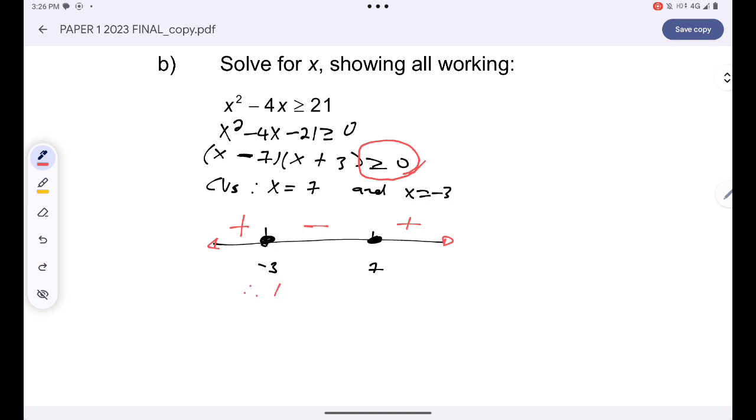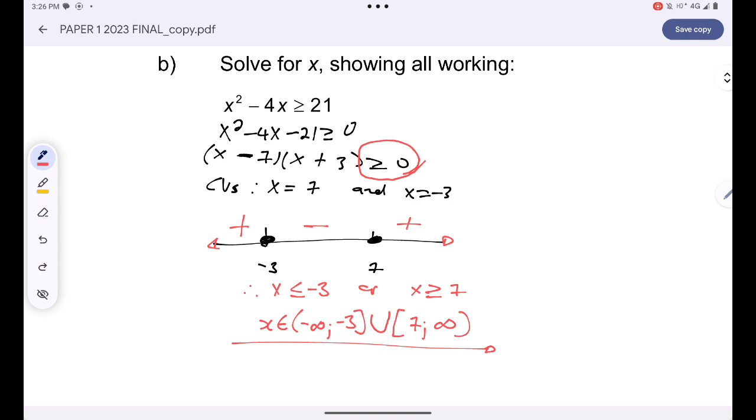So therefore the answer is x is less or equal to negative 3, or x is greater or equal to 7. If you want to express this as interval notation, you say x is an element of negative infinity to negative 3, or from 7 to positive infinity. You can simply write your answer like this, guys. It's also allowed, no?